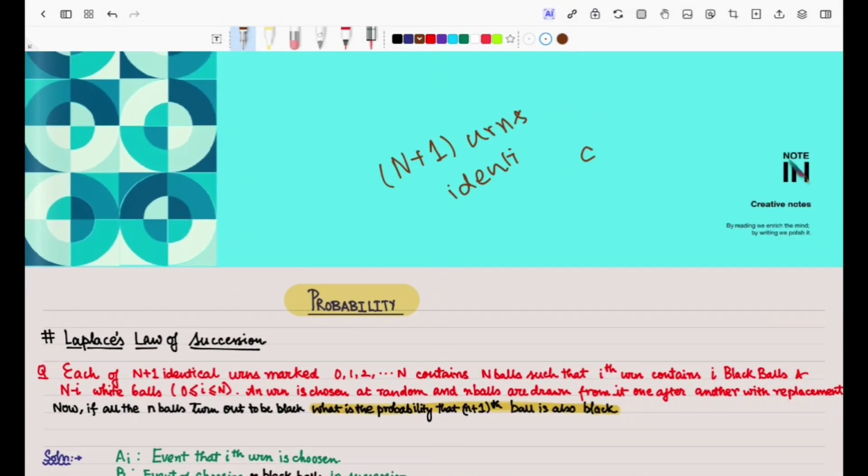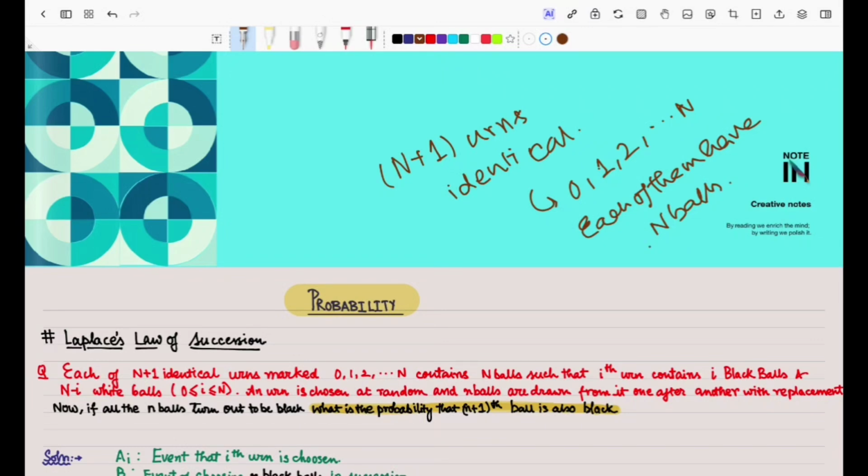It is also given that they are numbered 0, 1, 2, up to n, and each of them has n balls.